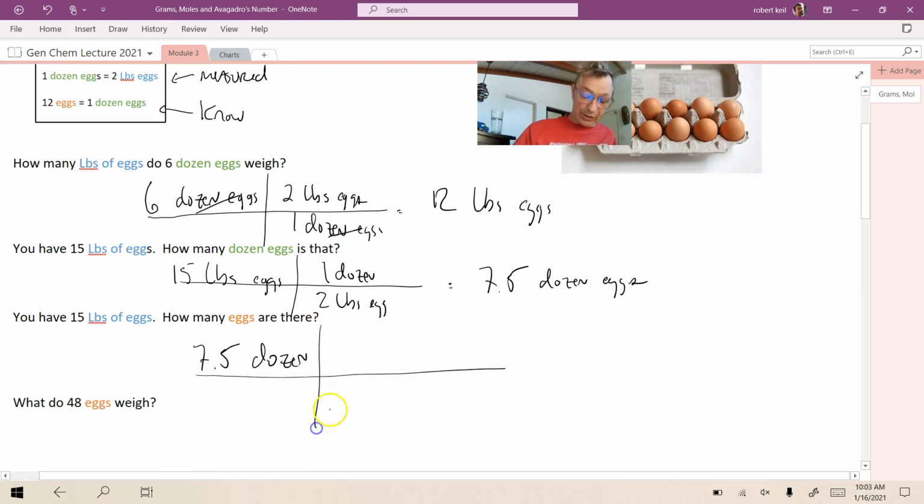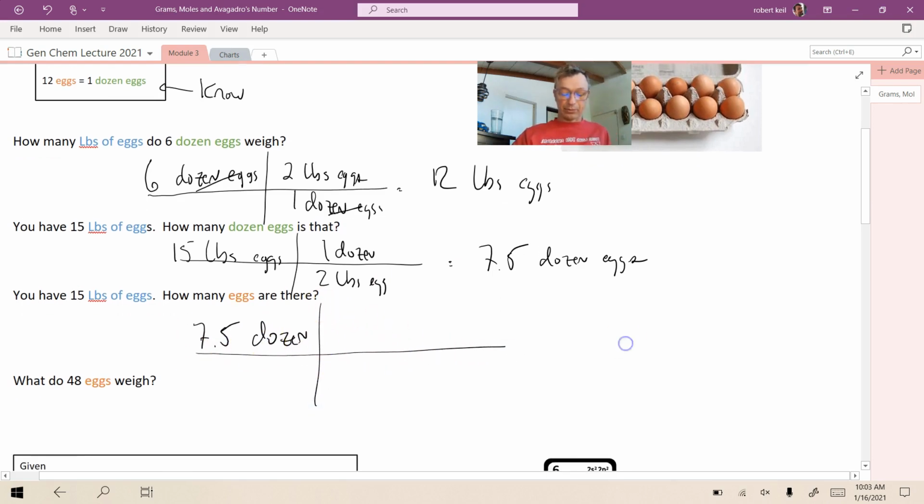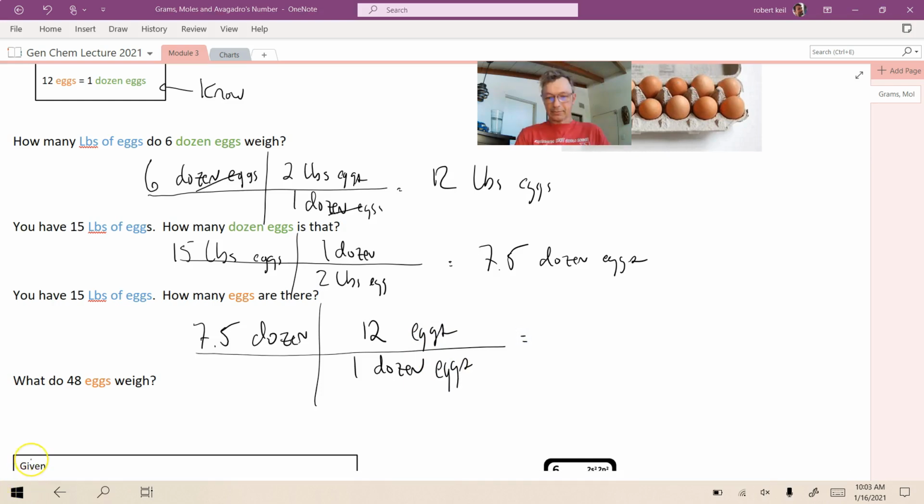And I could reach into my definition and do this expression. I could say 1 dozen is 12 eggs. And of course that equals 7.5 times 12, which I knew without checking a calculator is 90.